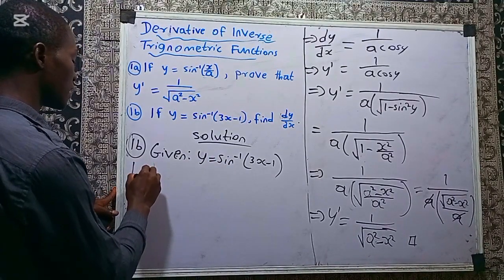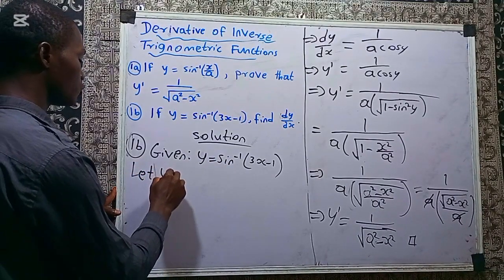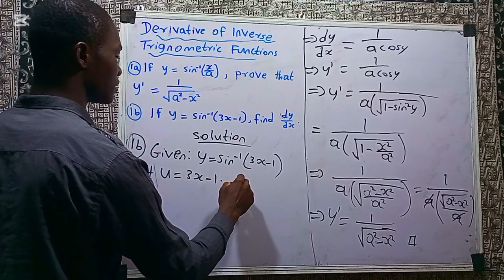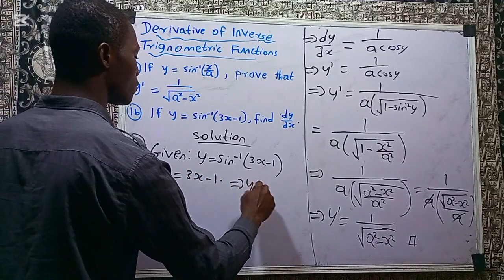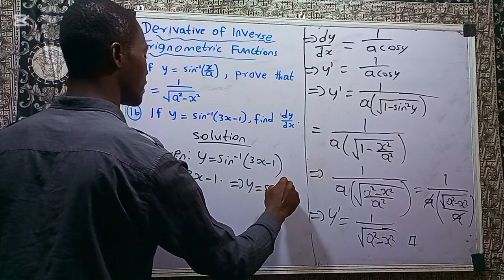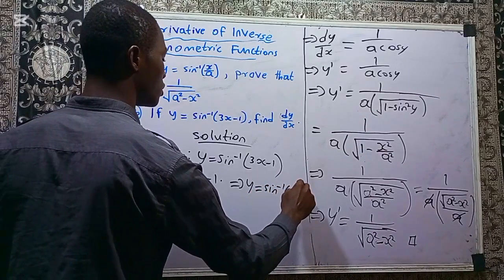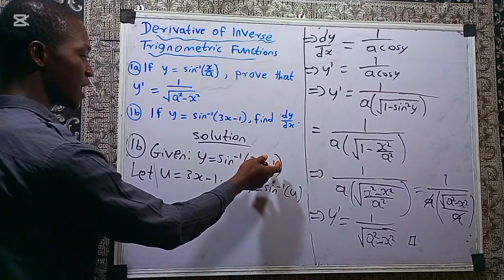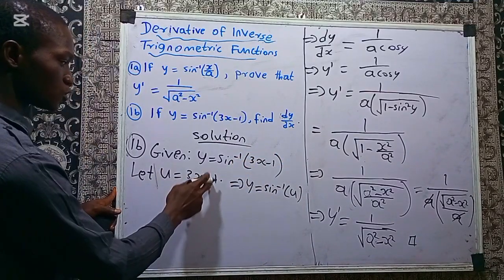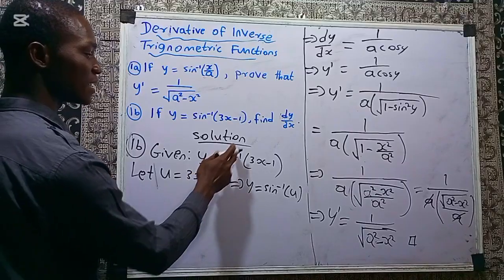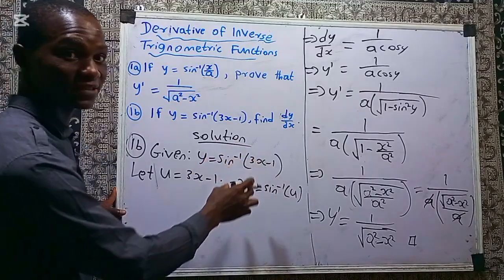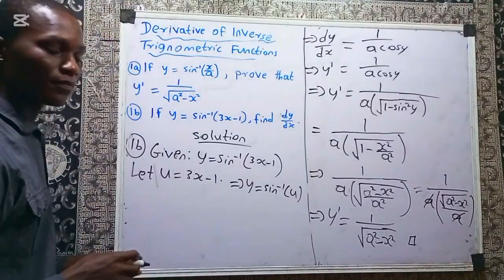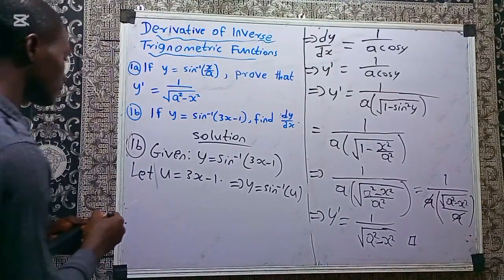So let u be equal to 3x minus 1. And this simply implies that y is equal to sine inverse of u, because I've called 3x minus 1 u. If 3x minus 1 is u, then y will be equal to sine inverse of u, right? So this is what we have.